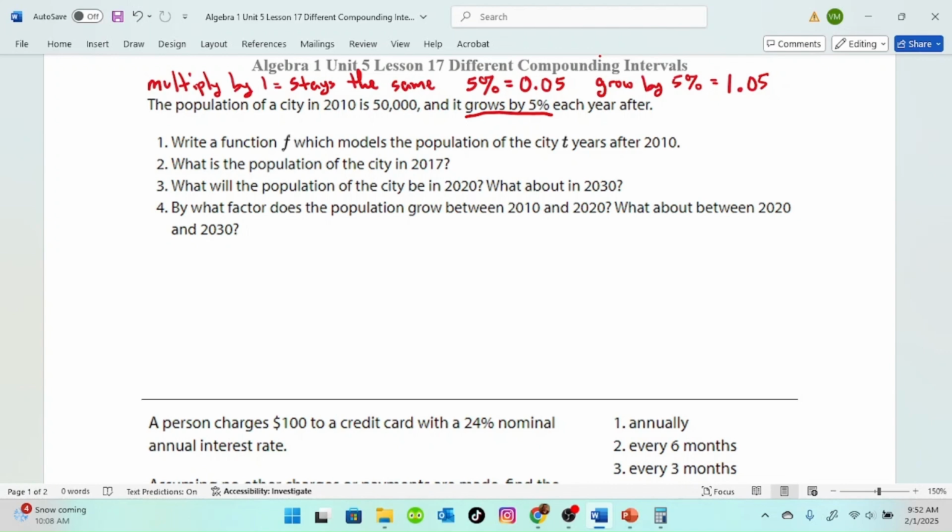So now on number 1, we can write the equation. We're going to call the function f, and we're going to use t as the input.